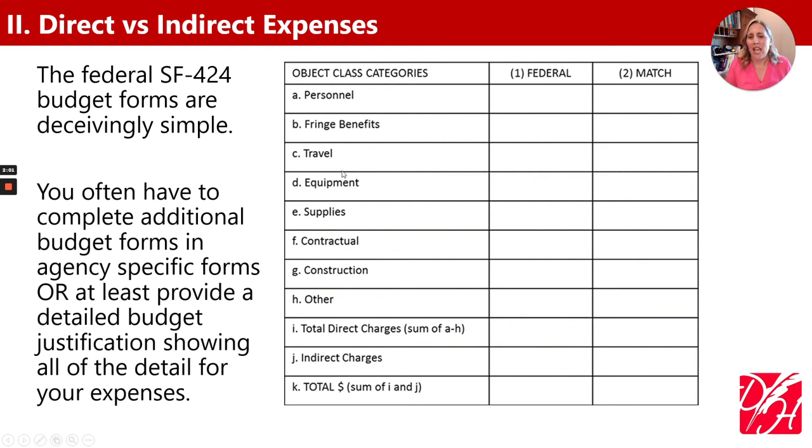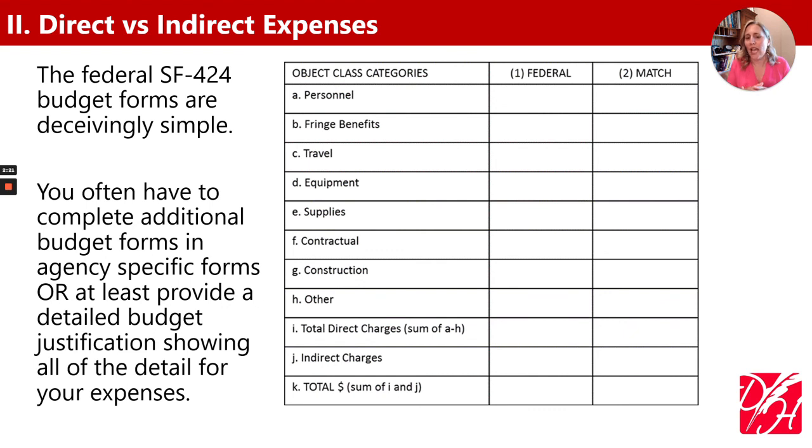When we look at direct costs, I'm going to show you on the screen here, we have the simplified version of the SF 424 budget forms. These are the federal form family that we see related to all grant budgets.